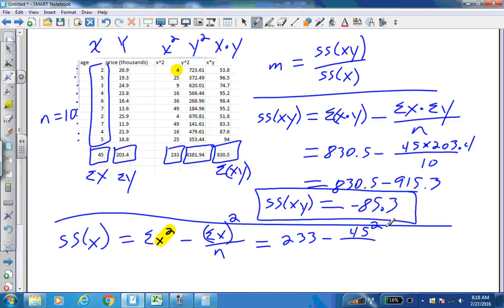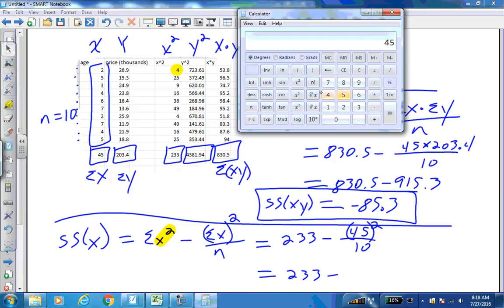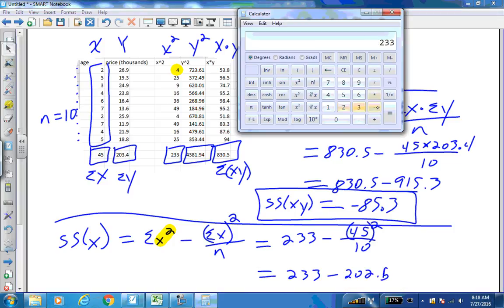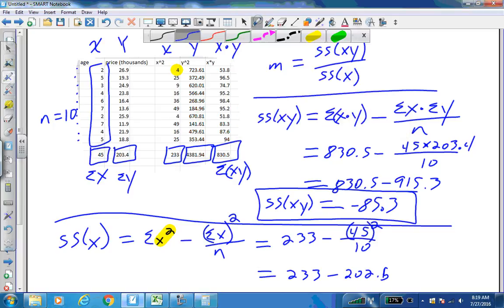Then we square that and divide by 10. So 233 minus 45 squared divided by 10, which is 202.5, gives us 30.5.